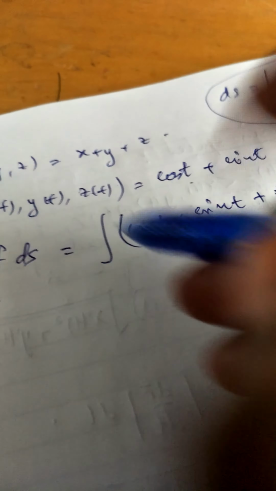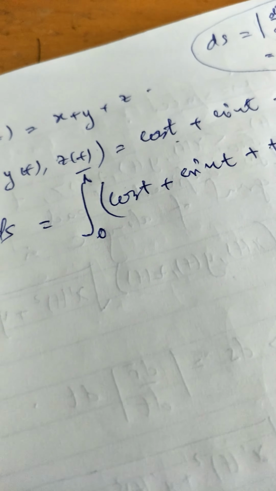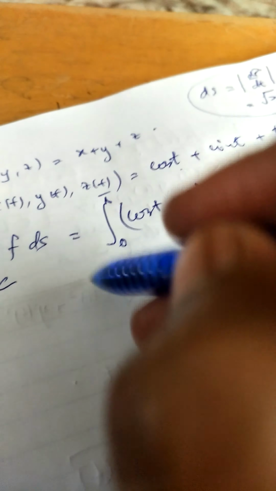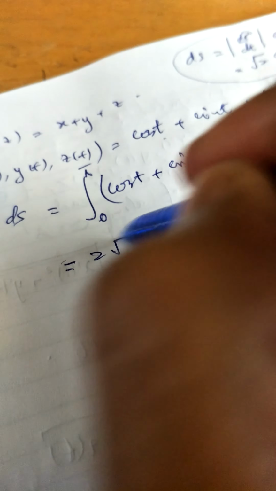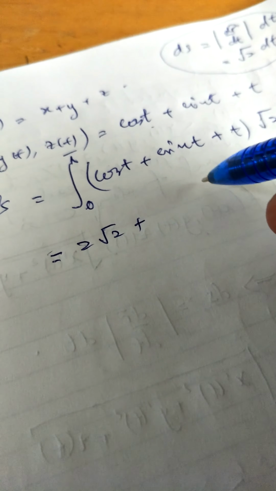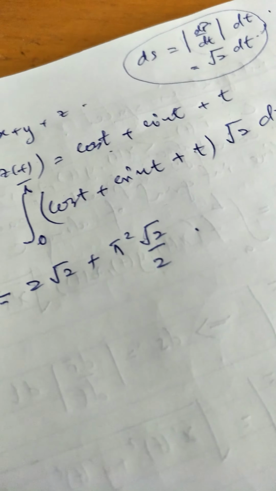So we just evaluate this integral from 0 to pi. I think you should have no problem evaluating this. I just go directly to the solution. We have 2 square root of 2 plus pi squared square root of 2 over 2. You just evaluate that one yourself.